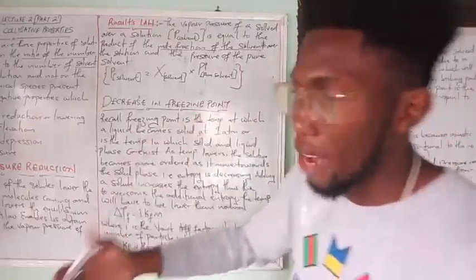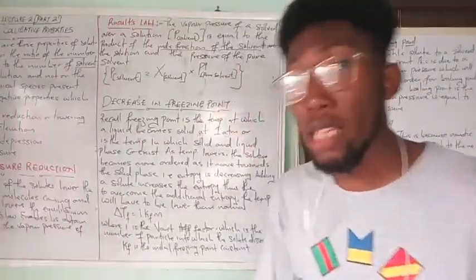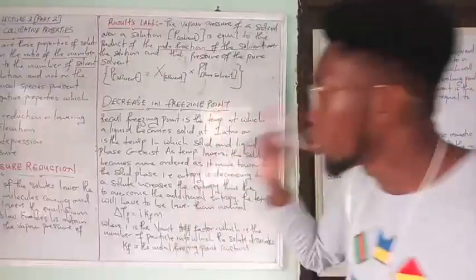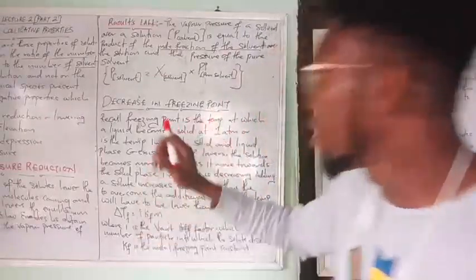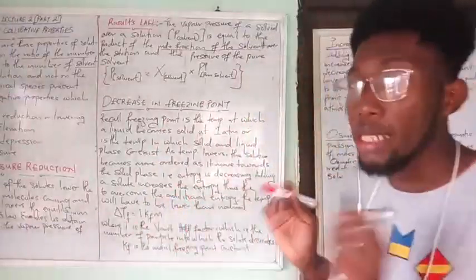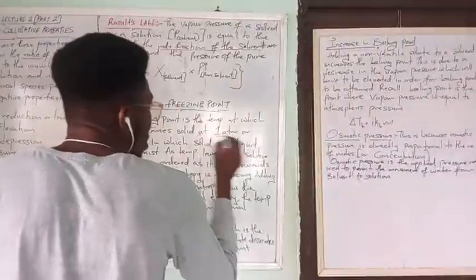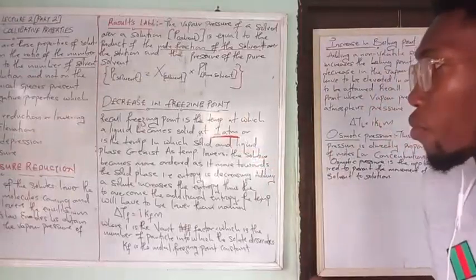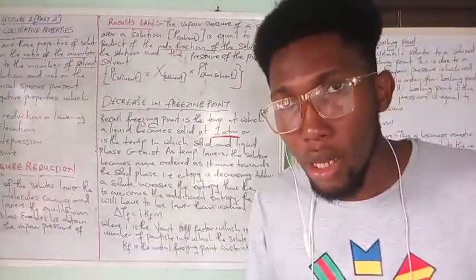The transition of a liquid state into a solid state, that's what we call freezing. You can take note of that. Now, what we should remember here is that freezing point is the temperature at which a liquid becomes solid at 1 atm. At 1 atm, that's the standard pressure. So that's the meaning of freezing point.